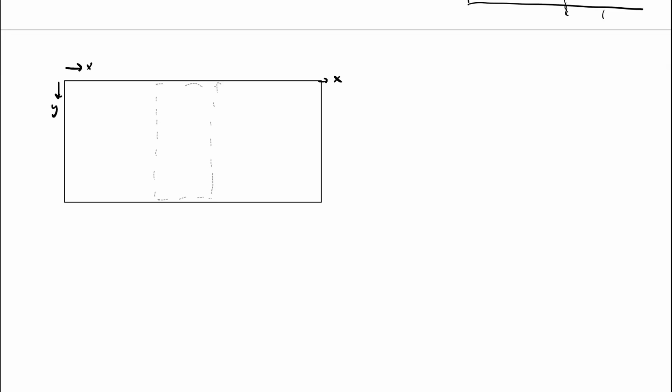Well, because if we're just concerned with the x momentum part of it, we can just draw the forces that are acting on this control volume. So for example, what are the forces acting on this? We have a shear stress. If flow is going to the right, we're going to have a shear stress pushing back on this control volume.